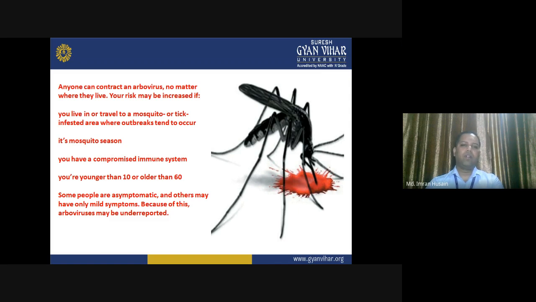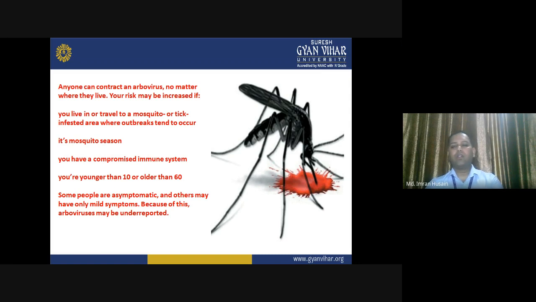Some people are asymptomatic, and others may have only mild symptoms. So not all people will get sick. Some will remain asymptomatic, and others can have very mild symptoms. Because of this, arbovirus may be underreported.